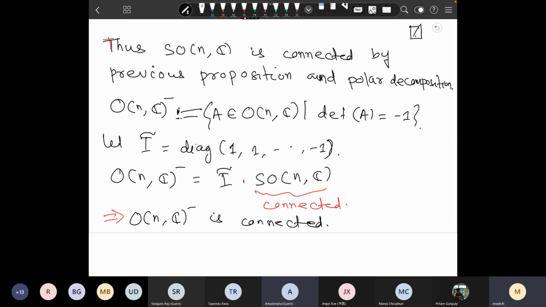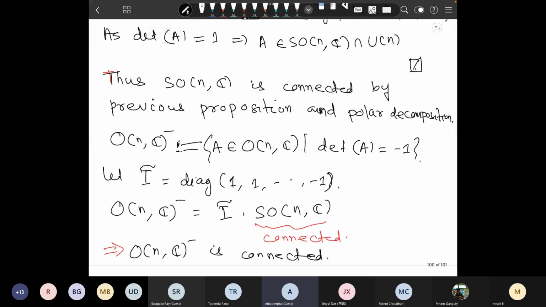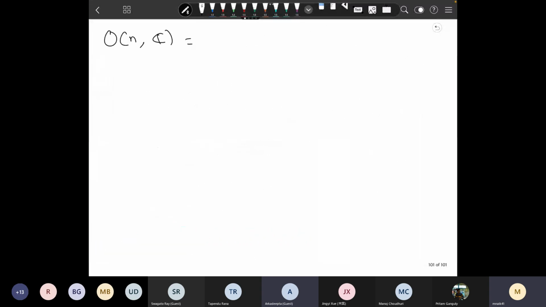And I have proved that ONC has two connected components. So ONC is equal to SONC disjoint union ONC minus, and each of these is connected.